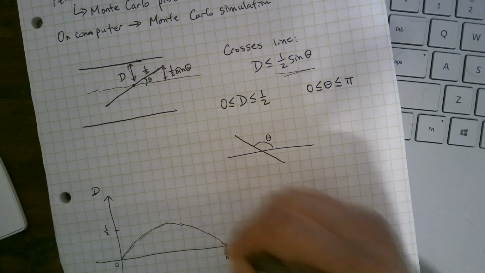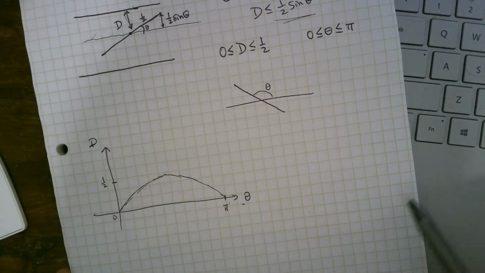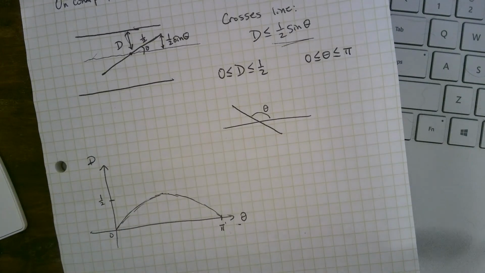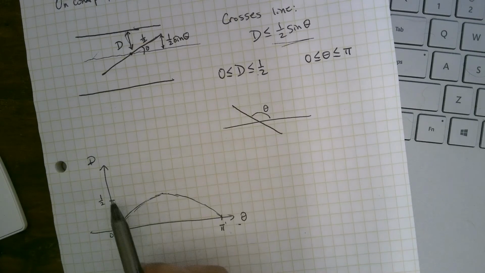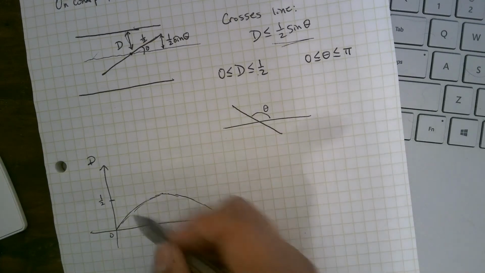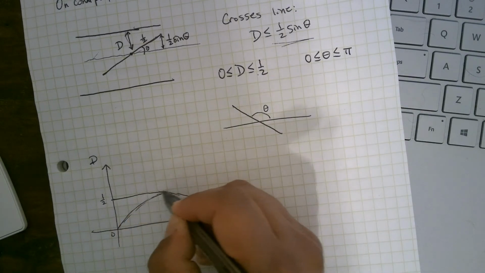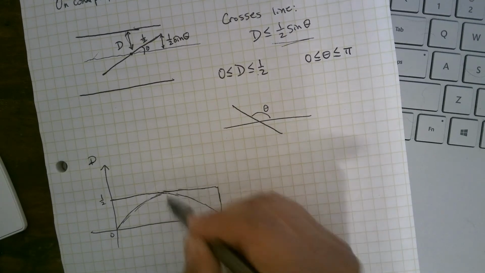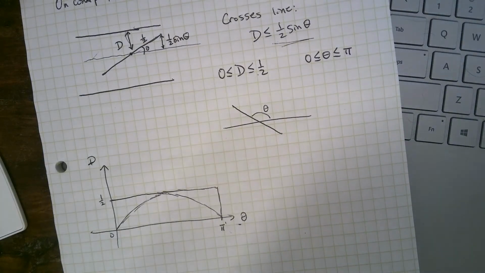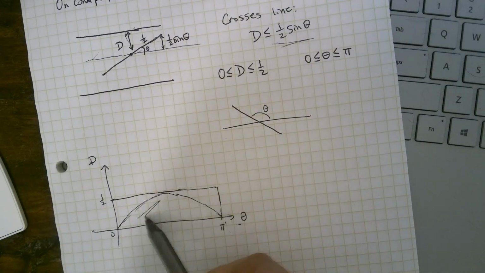If we kept going, it would go down and back up. Okay, there's 1/2 sine theta. And D is allowed to be anywhere from 0 to 1/2, theta anywhere from 0 to pi. So we're in this rectangle, which that curve is tangent to at one point, horizontally. Less than or equal to 1/2 sine theta is down here.